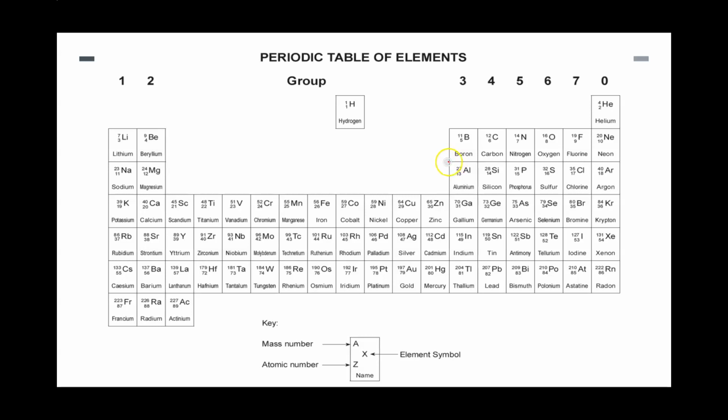So you go between boron and aluminium, obviously I haven't got a ruler, so I'm doing this freehand, and that is your staircase then. So everything up here on this side are your non-metals, and on this side we have your metals.